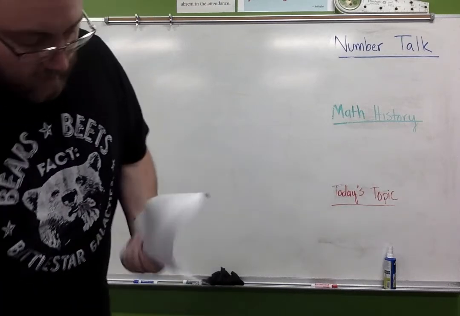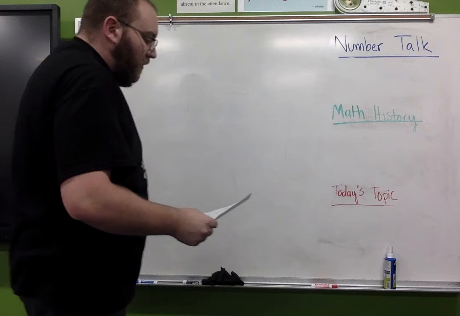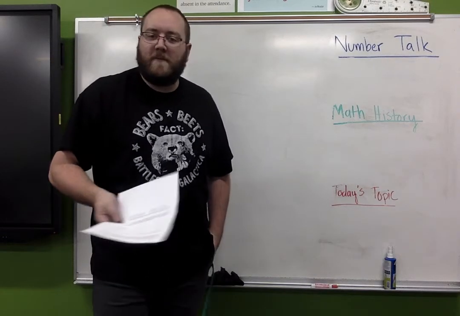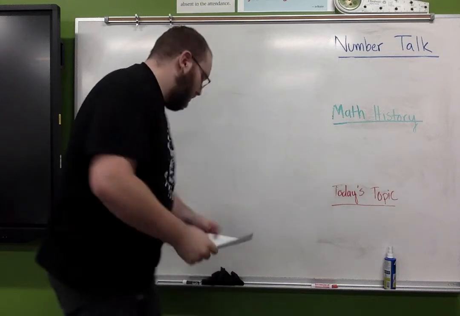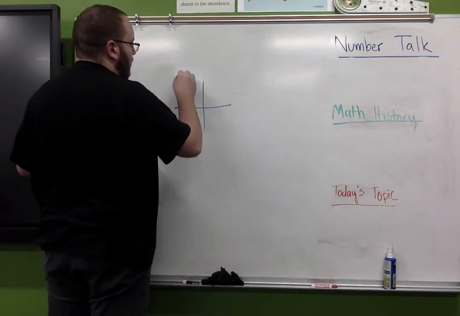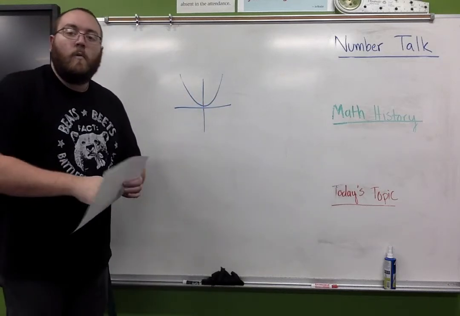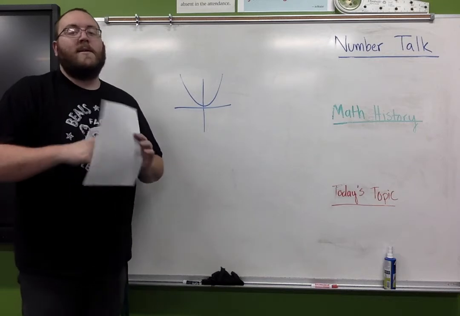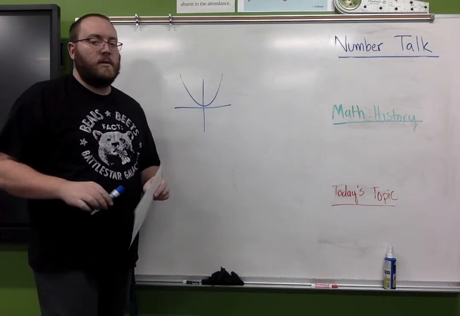Okay, last page. So like I was saying before, you might think, well, some functions will never have an inverse because it can't be one-to-one. Right, so our parabola here, it's not one-to-one, so it can't have an inverse. What we end up doing is we restrict the domain, just like you did with piecewise functions last year.